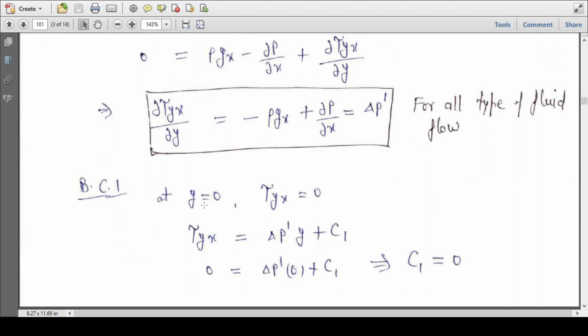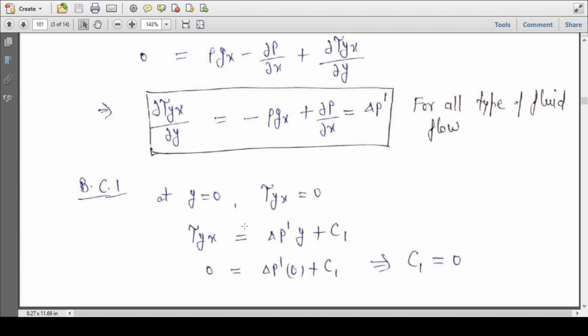Now for this case, because we have considered the origin of the coordinate at the center of the gap between two plates, at the center the velocity of the flow should be highest, so at that particular point the shear stress must be equal to 0.